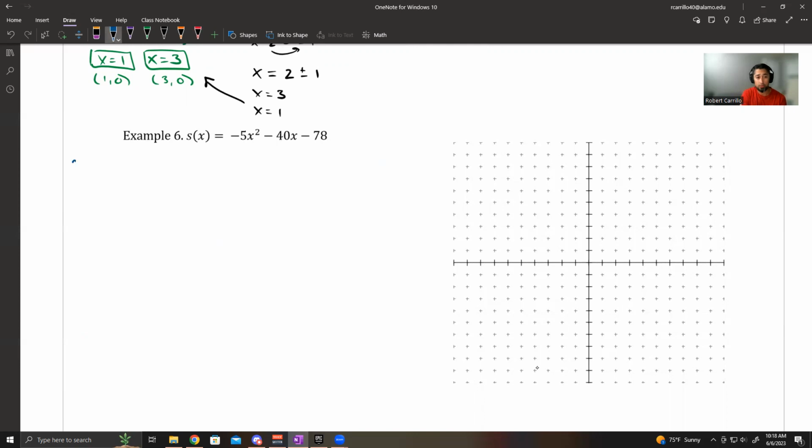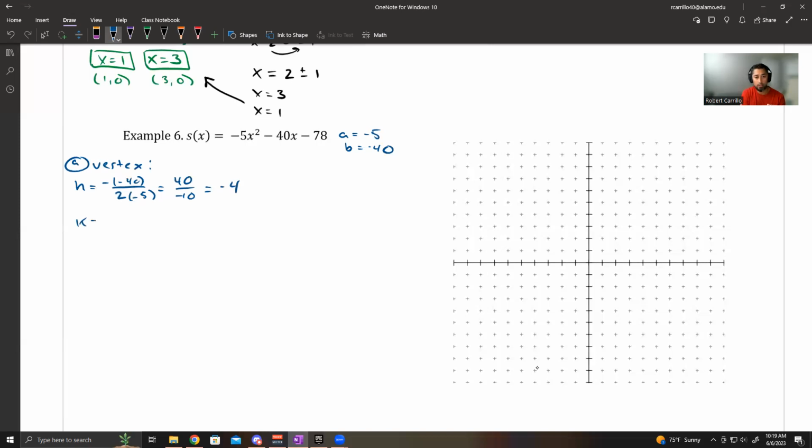All right. So A, we're going to find the vertex. And over here, A is -5, B is -40. And here we'll go. H equals -b, so -40 over 2 times A, which is -5, and you get +40 over -10, which gives you -4.